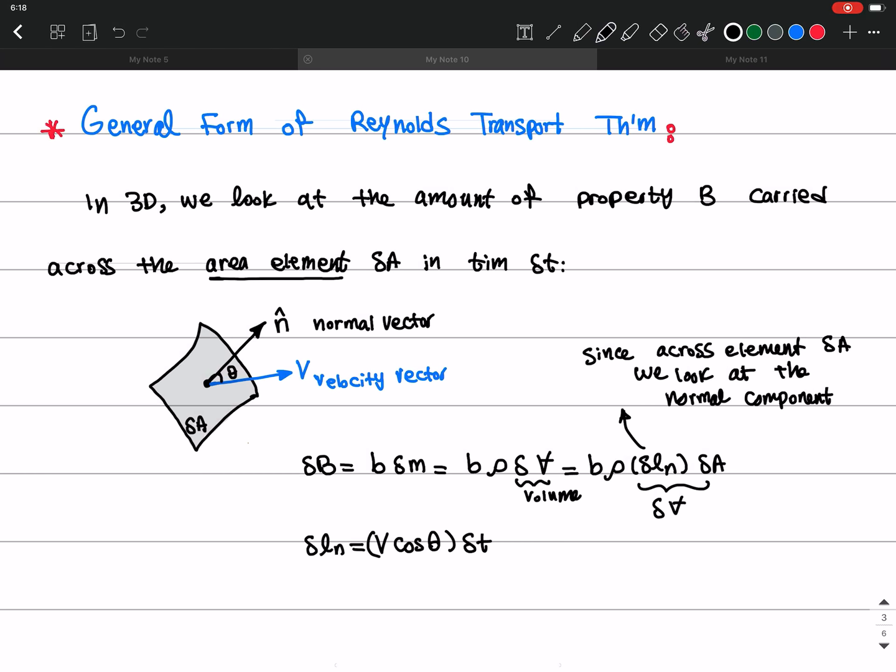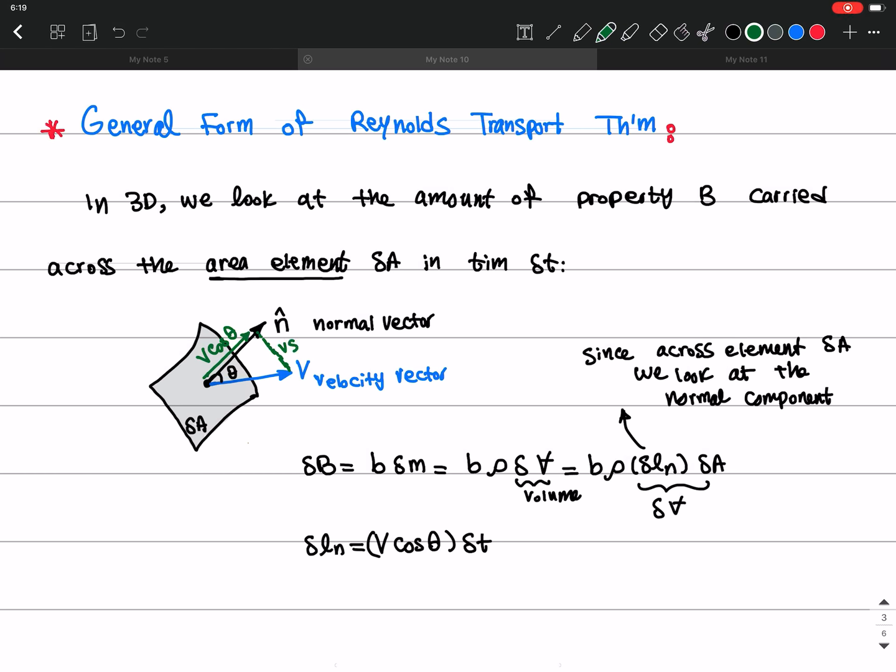So instead of V delta t, which we had before, it's going to be V times cosine theta, because we are only interested in the normal component of the velocity along this surface, right?